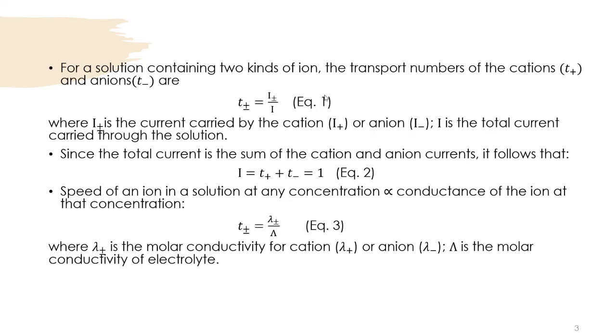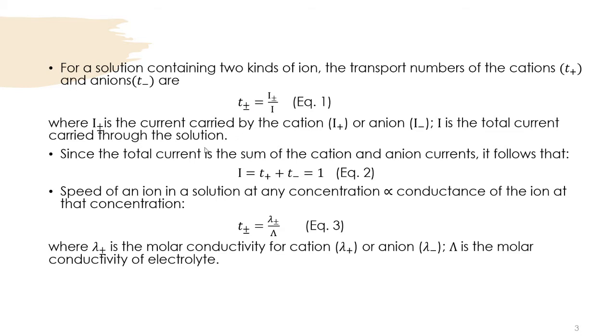So for a solution containing two kinds of ion, as in the example of this experiment where you're dealing with HCl and lithium chloride, the transport numbers of the cations and the anions are such that T plus/minus equals I plus/minus over I. So it's the current carried by the cation, I plus, or anion, over the total current that gives the value of this transport number.